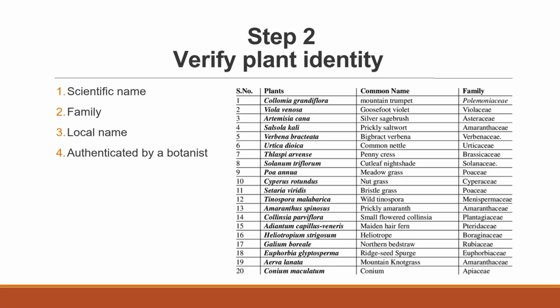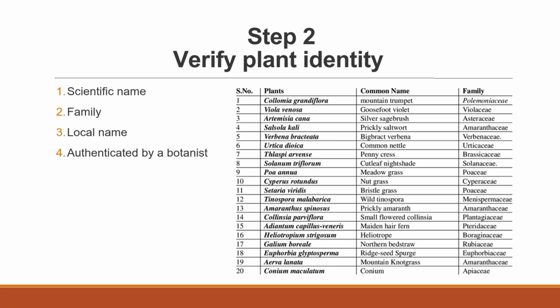The next step is to verify plant identity. Identification of the plant is very important in your research, because many plants may look similar, and using the wrong plant will affect your end results.